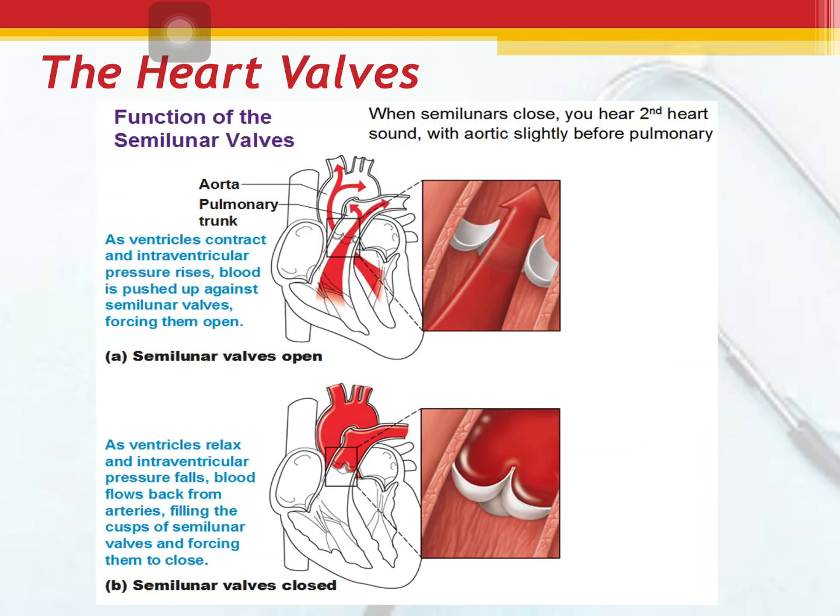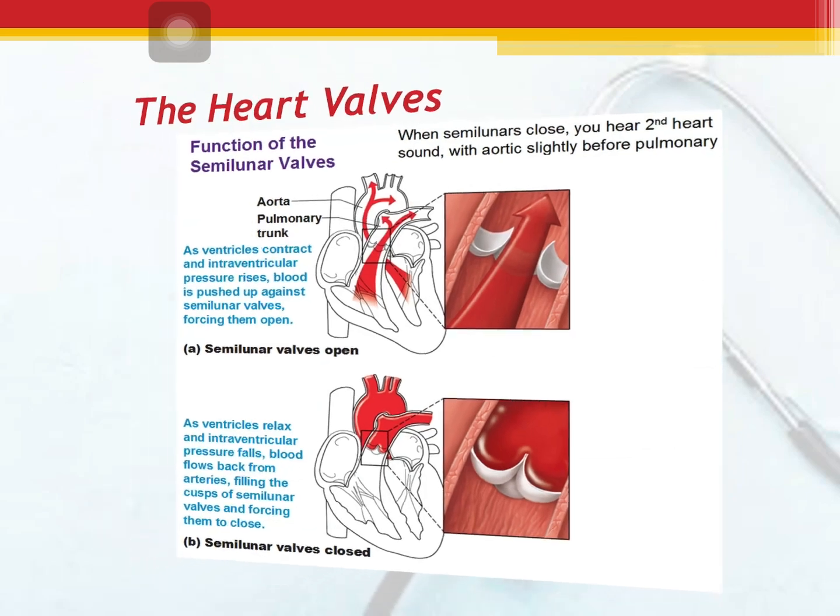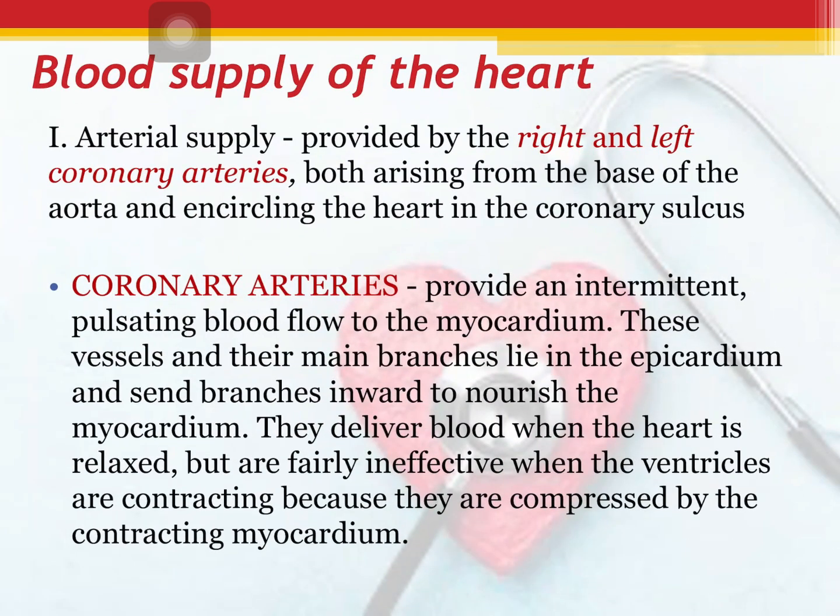Thus, the function of the semilunar valves is to prevent the backflow of blood from the aorta and pulmonary trunk into the ventricles. Note that when the semilunar valves close, it marks the second heart sound.